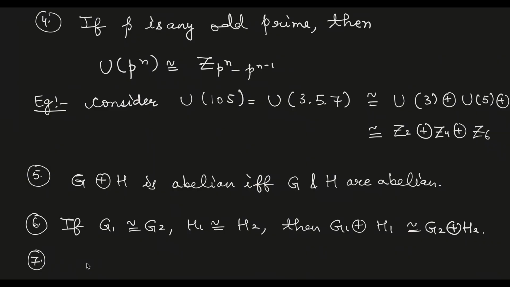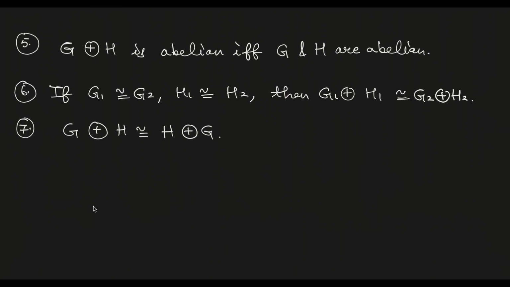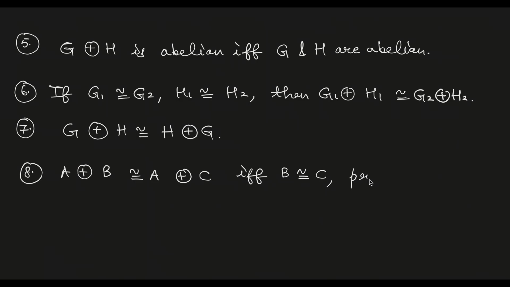G direct sum H is isomorphic to H direct sum G. Eighth, A direct sum B is isomorphic to A direct sum C if and only if B is isomorphic to C, provided A is finite.